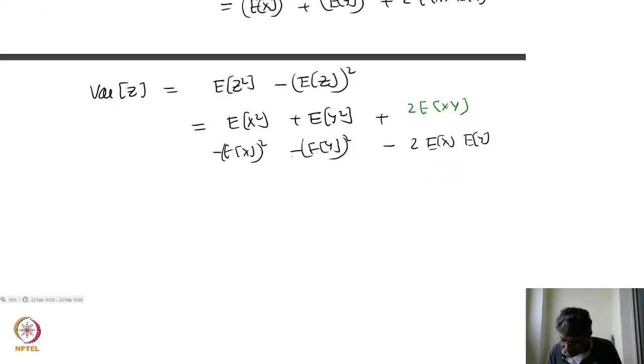So now if I look at these terms, what do I get? I get variance of X. If I look at these, I get variance of Y. And this I'll leave as it is, in green.